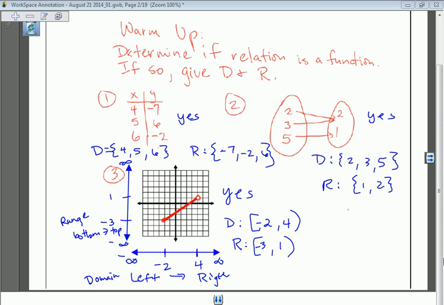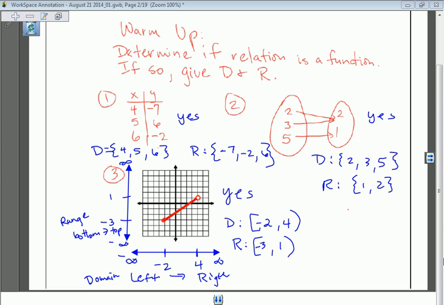So if we thought about this number line down here at the bottom representing all of the x values, well, this segment only goes from -2 over to 4. So the domain of this function is from -2 inclusive to 4. And it includes the -2 because it's a closed-in circle, and it does not include the 4 because it was an open circle. Okay?